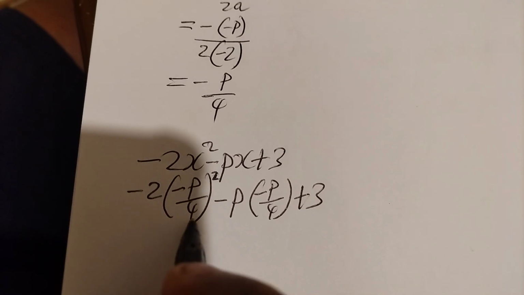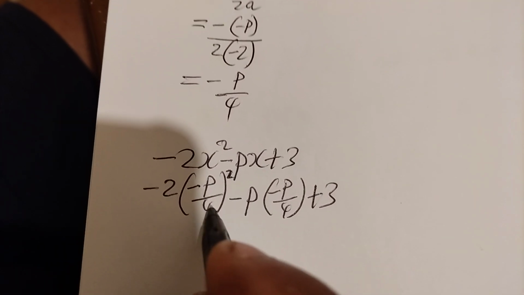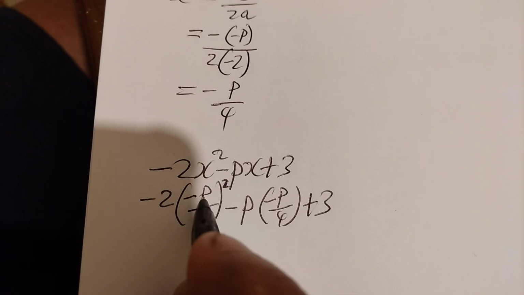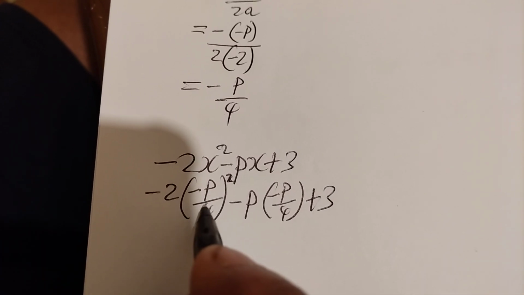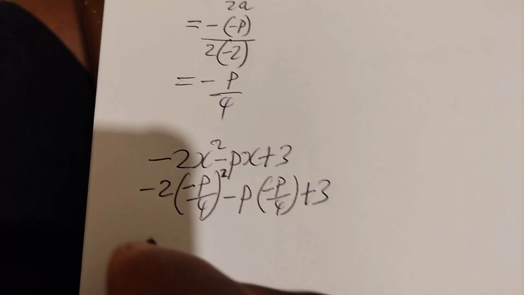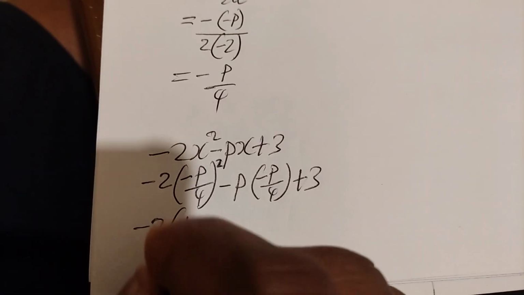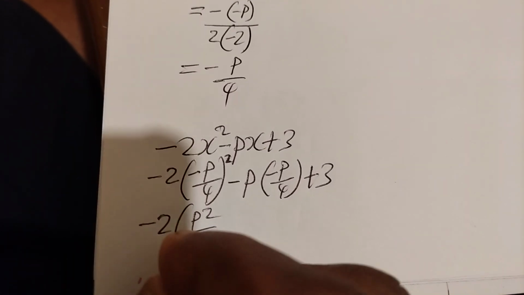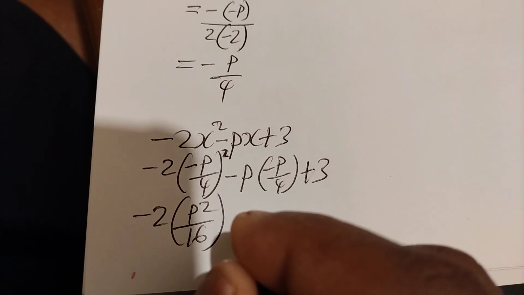If we resolve this, you will see that we need to square everything inside the bracket and see exactly what we get. That will become p², and this will become 16. So you still have a -2 on the outside, and then this will become a positive p²/16, because 4 squared is 16. Let's move on to the other side.